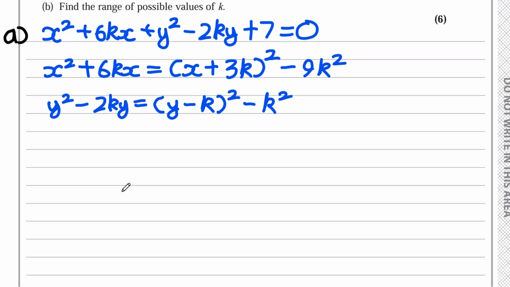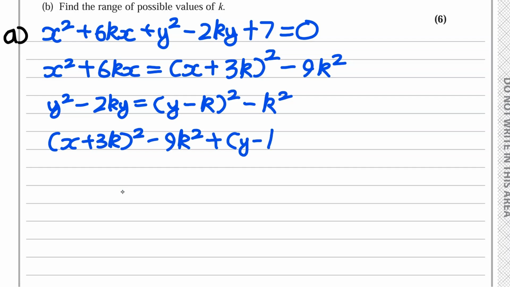So if we rewrite this, with the completed square format, it's going to be (x plus 3k) squared minus 9k squared, and then it's going to be plus (y minus k) squared minus k squared like this here, and then we've still got this plus 7 here, and this is equal to 0.